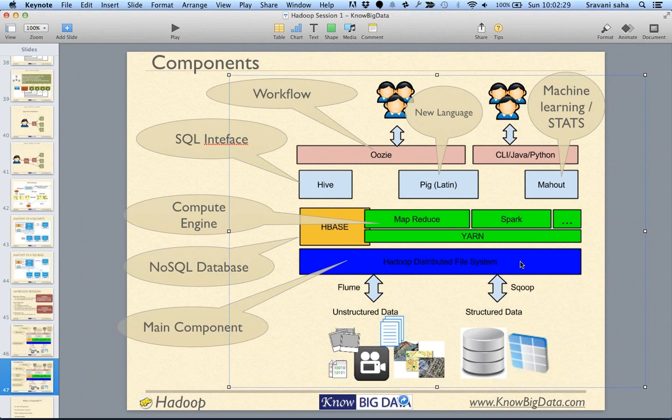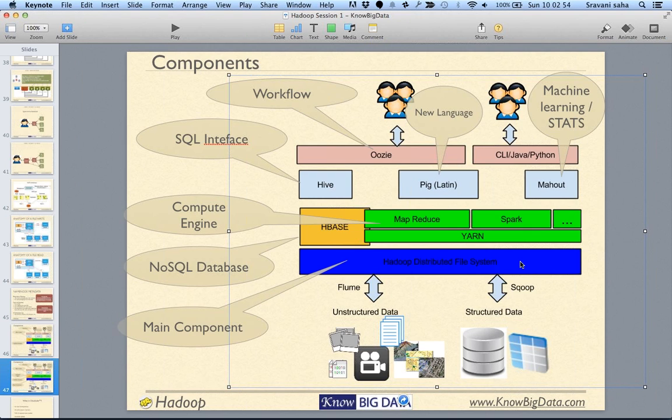Now, these are all great. These are all standard ways of cleansing data and standard ways of doing basic analytics. If you have to do the real magic, such as recommendation, sentiment analysis, grouping the items together, doing machine learning, then in those cases you use Mahout or you use MLlib.